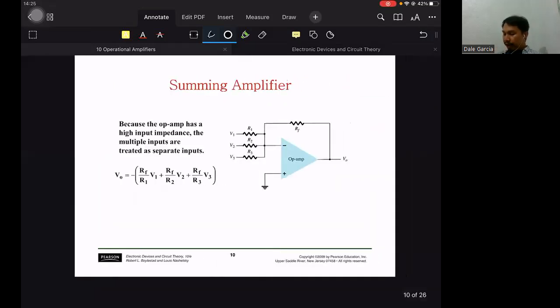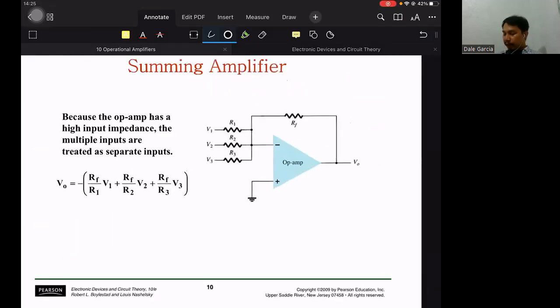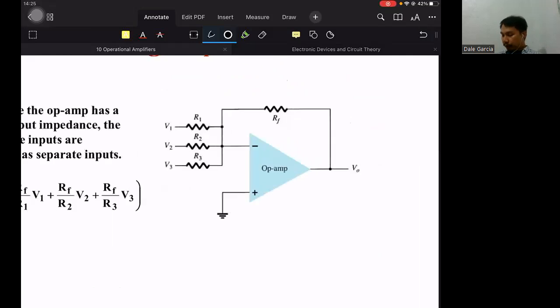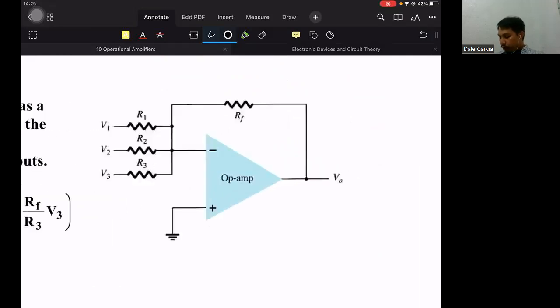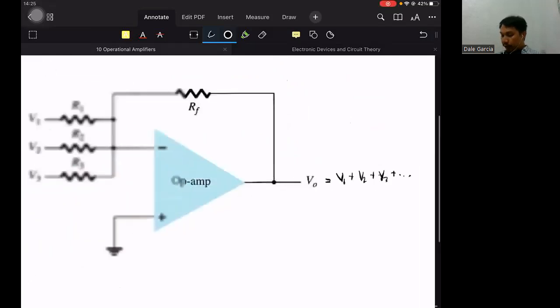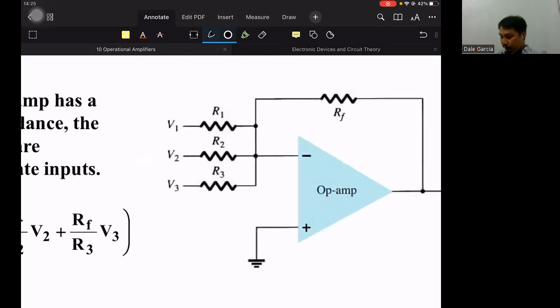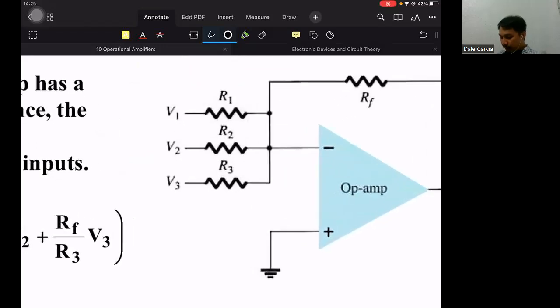Another one is the summing amplifier. Whatever the voltage level at the inputs, the output will be the sum of those inputs. So VO is somehow equal to V1 plus V2 plus V3, and so on and so forth. The summing amplifier is not restricted to three inputs. If you want four, you can.